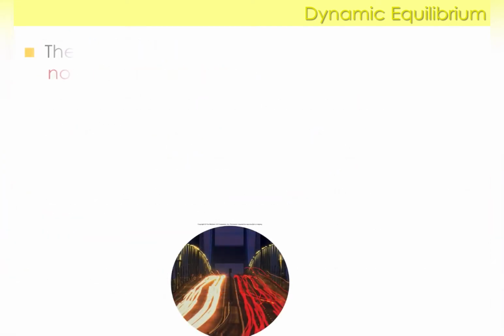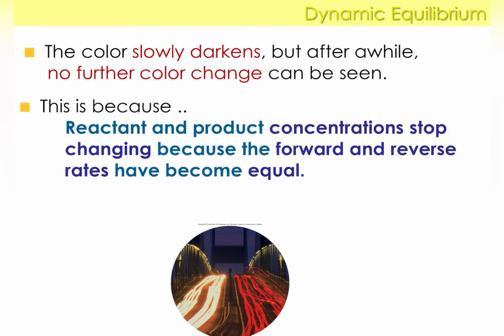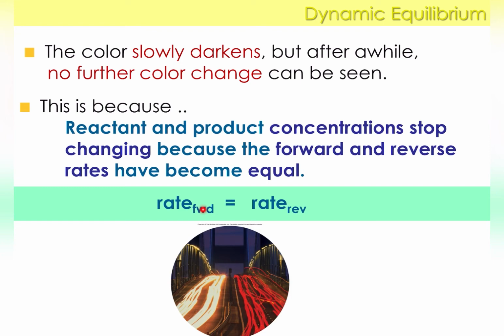And after that, the color slowly darkens from pale brown to dark brown until no further change can be seen by your naked eye, because at this point reactant and product concentrations stop changing because the forward and reverse reactions have become equal. So nilai dia sudah sama, dia takkan berubah, dia constant sudah. Dan kita illustrate as rate of forward reaction equals the rate of reverse reaction.